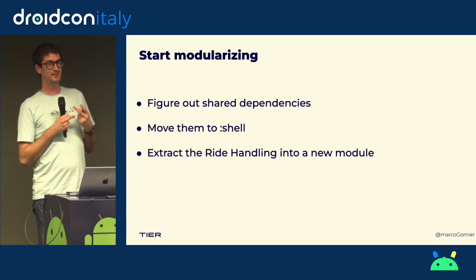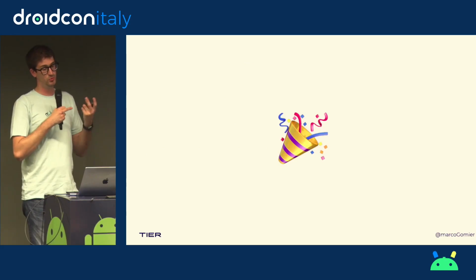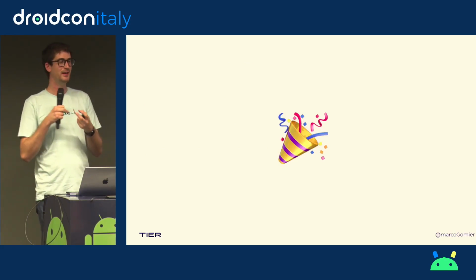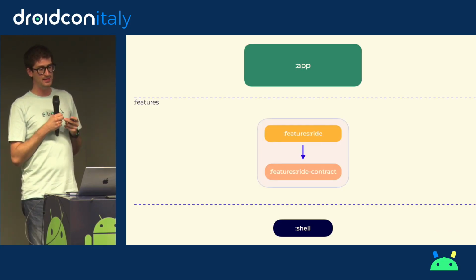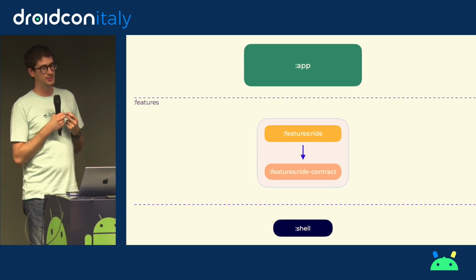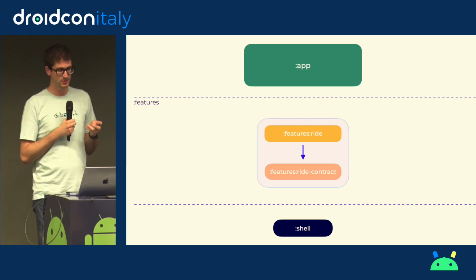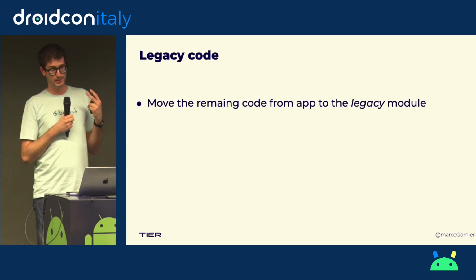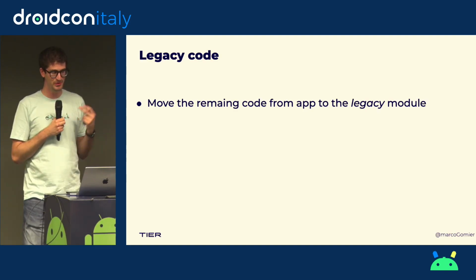So after doing that, we extracted the ride handling feature into a new module, and we were successful. The trial went well. And we ended up with a new shiny feature module, a new shiny shell module, and still a big application module. So it was time to create the big red legacy module.